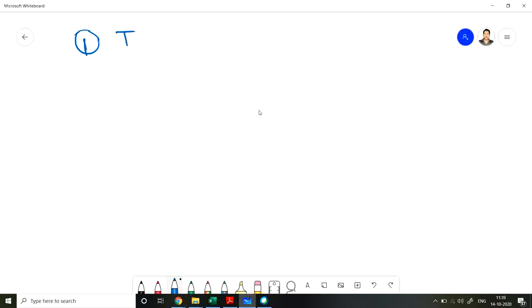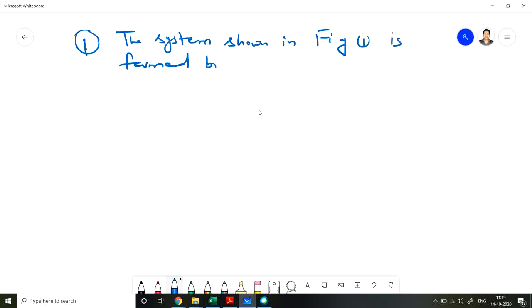So the question is: the system shown in figure 1 is formed by connecting two systems in cascade.